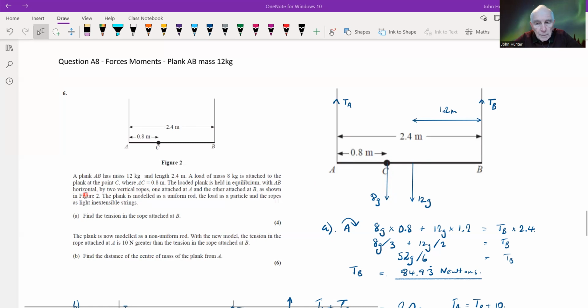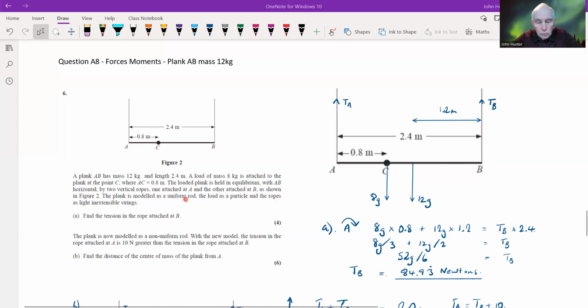And it's held in equilibrium, so there's no movement, no turning, no rotational or vertical movement, or horizontal if it comes to that, by 2 vertical ropes, one attached to A and the other attached at B. Those will be exerting a force on the plank, and we don't know those at the moment, so those have been shown as TA and TB.